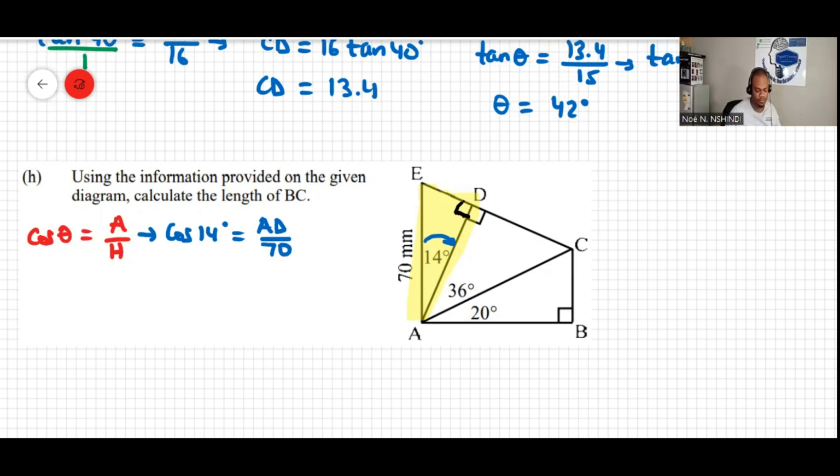There's an invisible one there, we can cross multiply, 1 times 80, and 70 times cos 14. So this would make 80 equal to 70 multiplied by cos 14 degrees.